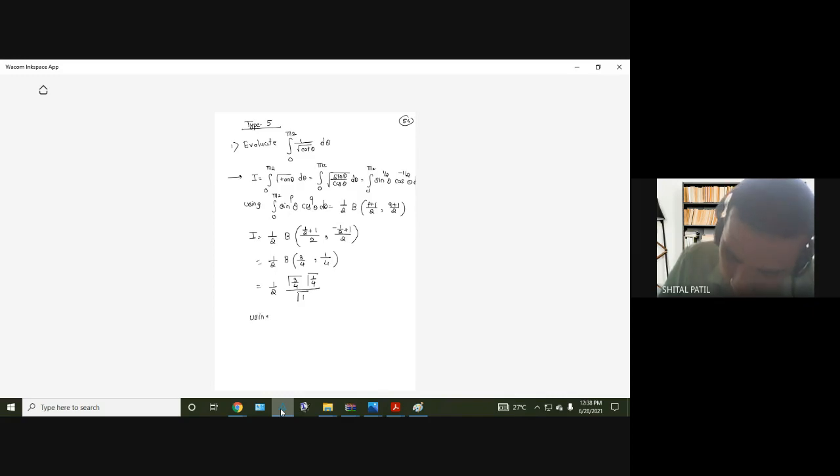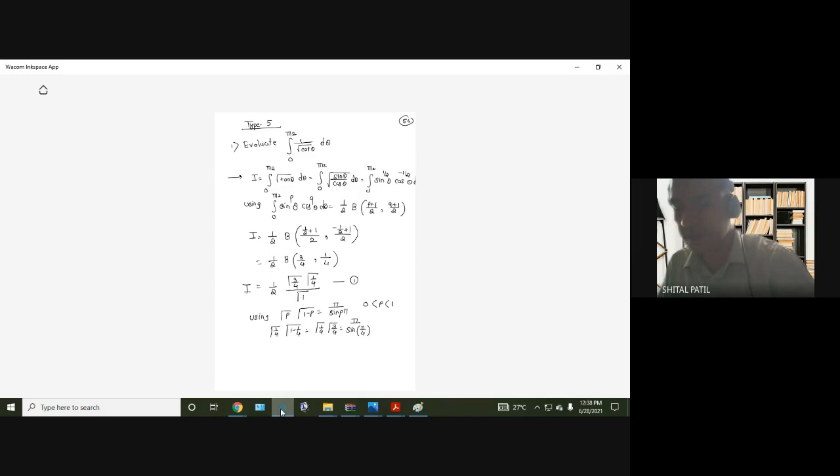Using this formula, gamma 1 by 4, gamma 1 minus 1 by 4, that is gamma 1 by 4, gamma 3 by 4, equal to pi divided by sine of pi divided by 4.